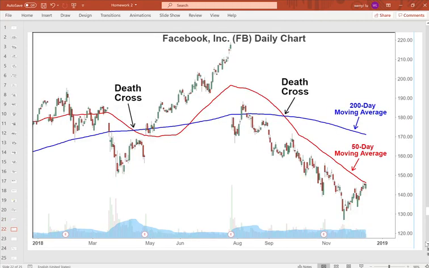Let me show another example, using Facebook. Here we have a historical chart showing the Facebook price in 2018.